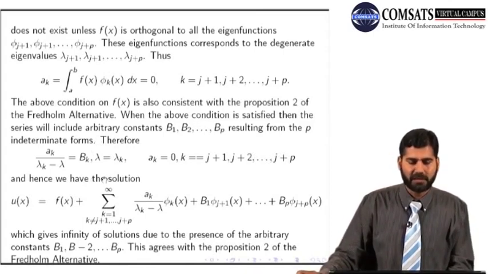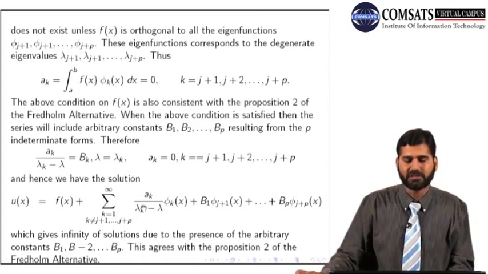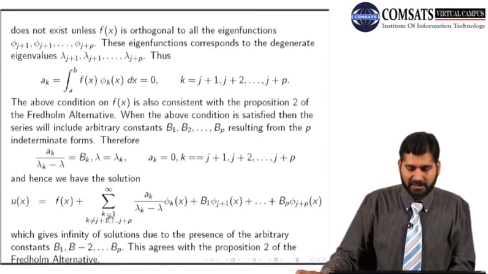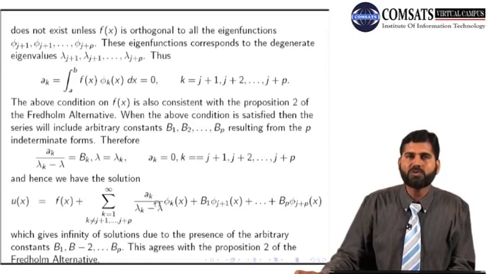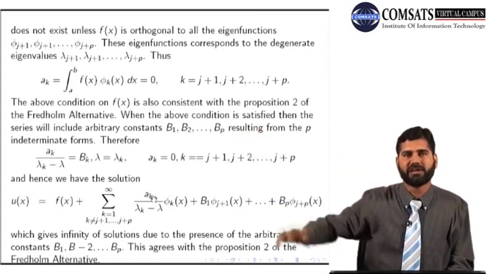And hence our solution becomes f(x) plus the sum for k from 1 to infinity of a_k over (lambda_k minus lambda) phi_k(x). Before, we only had this solution, but now this is true for k from 1 to j, and then from j+p+1 to infinity.